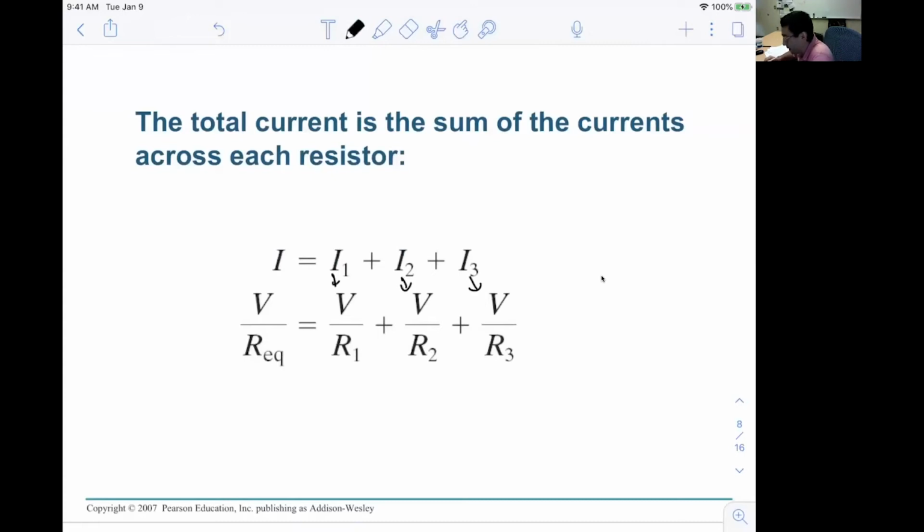You can simplify by dividing this equation by the potential. Then you will have 1 over R equivalent equals 1 over R1 plus 1 over R2 plus 1 over R3. This is how you can find equivalent resistance in a parallel circuit.